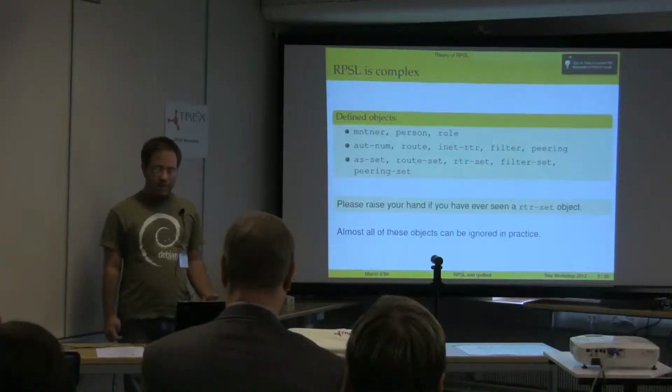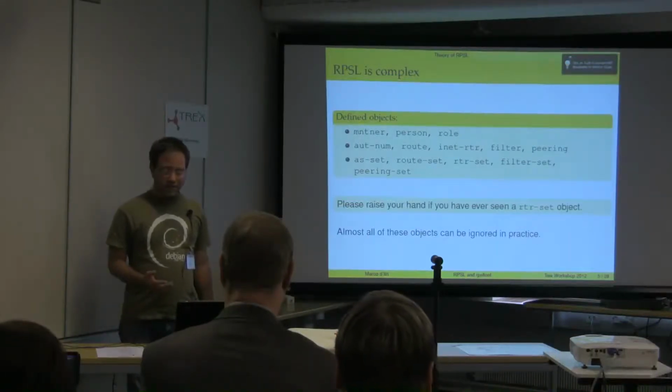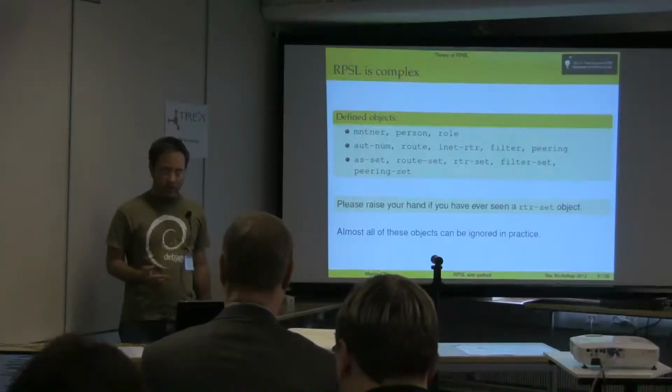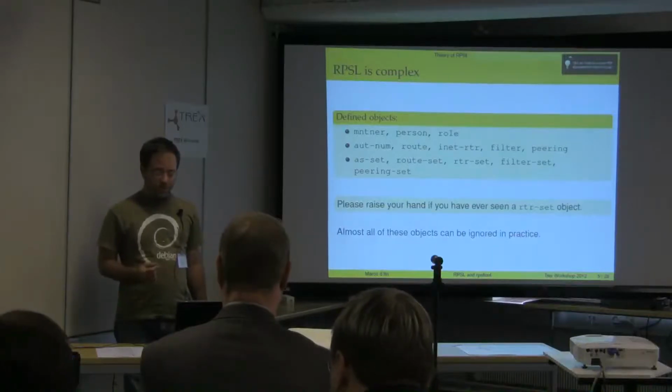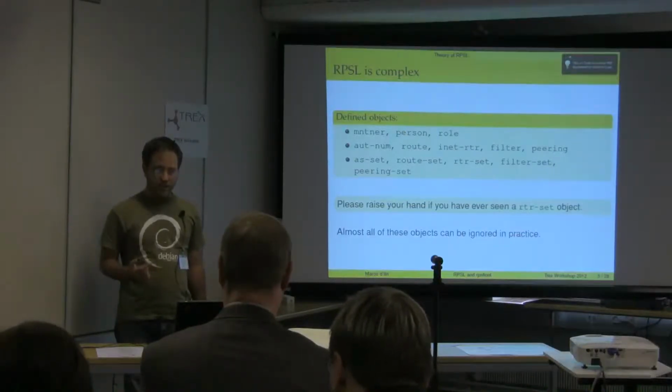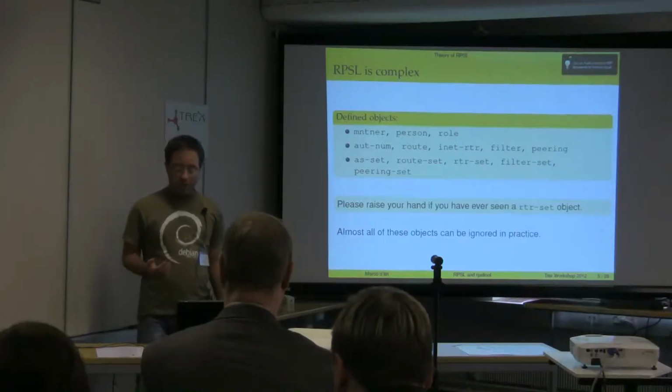You can see here a list of the objects which you can use. There are the most common ones, like person, role, used for contacts, aut-num, which is an object which describes an autonomous system, and a route object which describes routes.